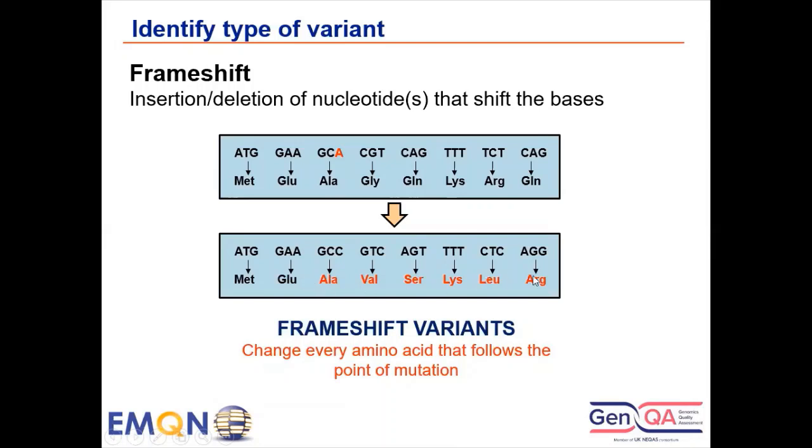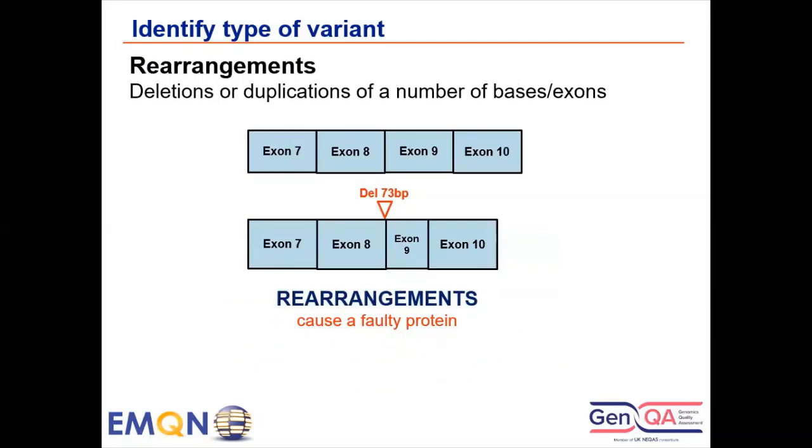It's only in the case of an insertion or deletion of 1, 2, 4, 5 nucleotides that this leads to frame shift variants, and generally spoken, frame shift variants lead to a premature stop codon.